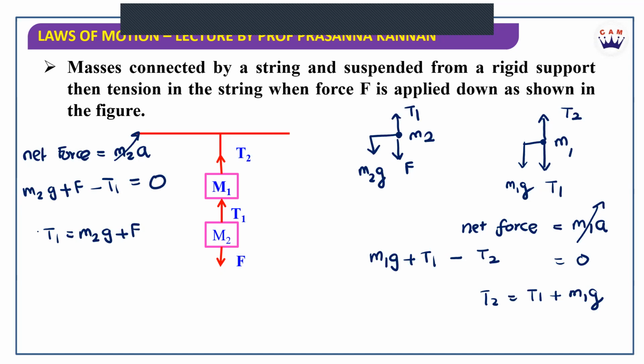Or how can I write T1 as M2G plus F? Little practice is required, that's all. Otherwise, it's a very simple one. So now we will move on. So you can see here, what is T1? F plus M2G. How we got it? Here.